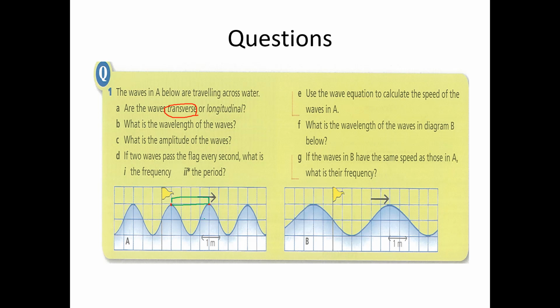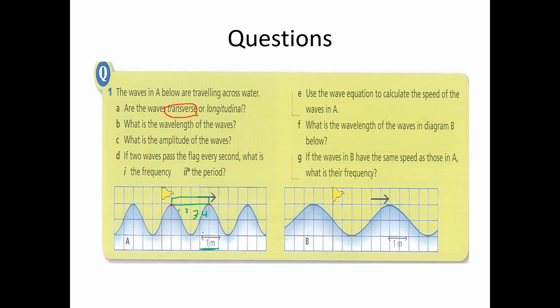But how will we calculate it? If you look here, it says 1 meter. Each 2 squares is 1 meter. So now let's count how many squares are there between these 2 points. 1, 2, 3, and 4.